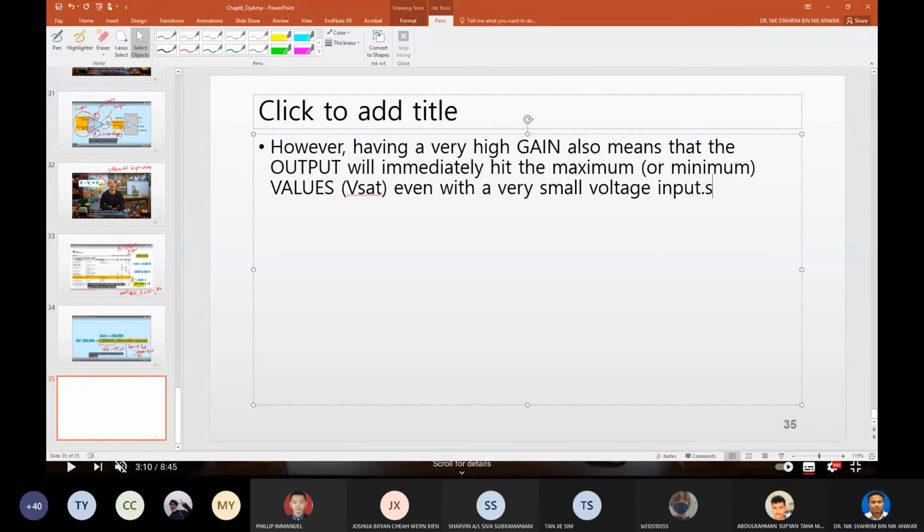Okay, so just give yourself maybe around 15 seconds, try to get an understanding of what I have written here.